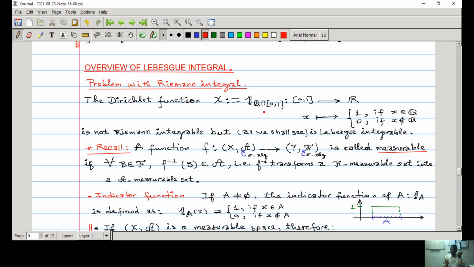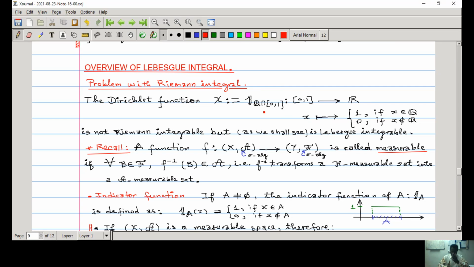That gives the lower Riemann sum. For the upper Riemann sum, in each subinterval of the partition we take the maximum value and sum them up. Now we take the limit of both. If they coincide, we say that it is Riemann integrable, and the common value of the two limits is what we call the Riemann integral of the function.